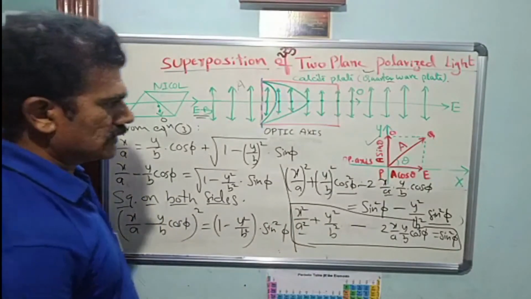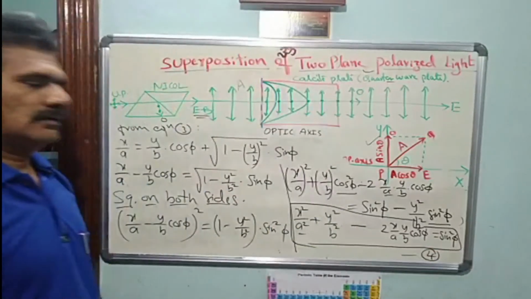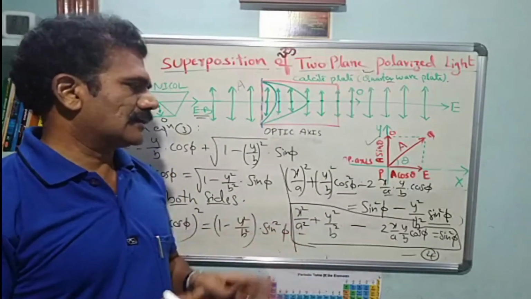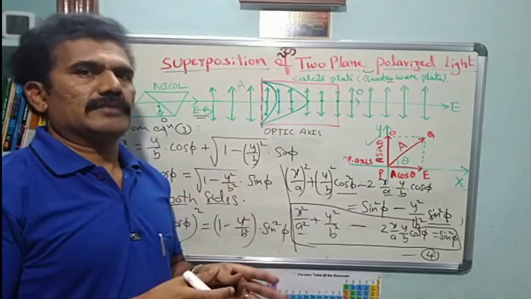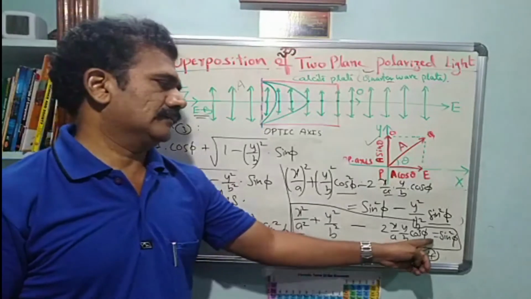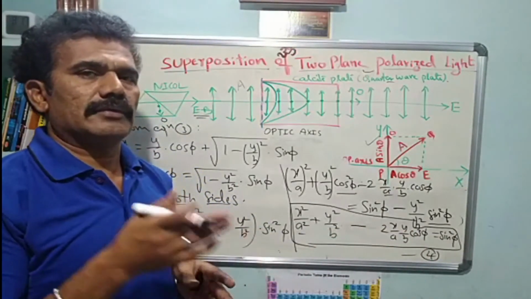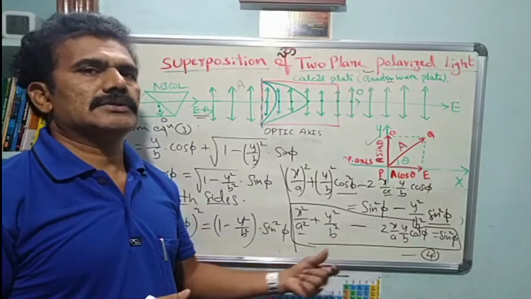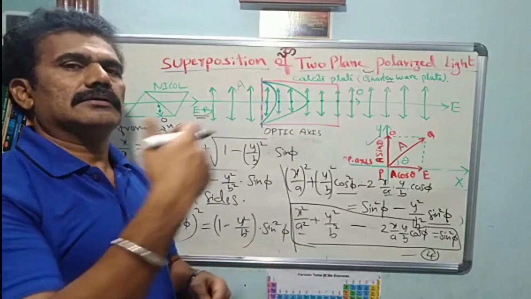Because this equation, so I think equation number 4 is the equation of ellipse, the standard equation of ellipse. It is formed by two waves with the phase difference phi, and the two waves having the amplitudes A and B. So when they superpose, they should give a wave called ellipse.